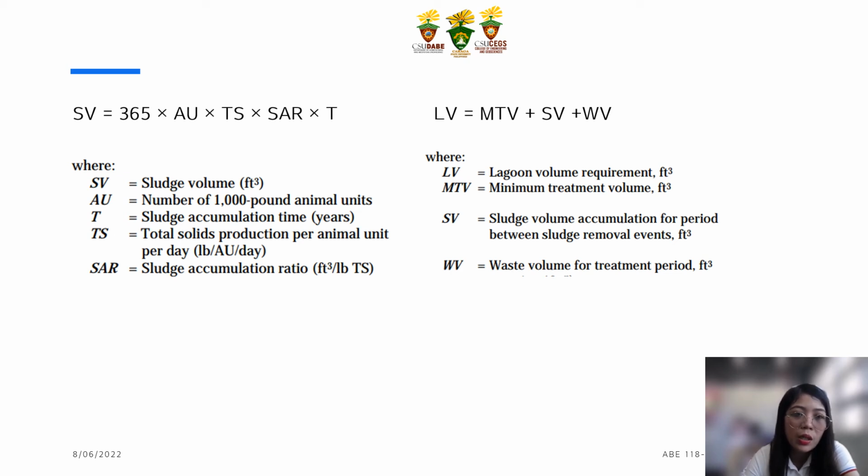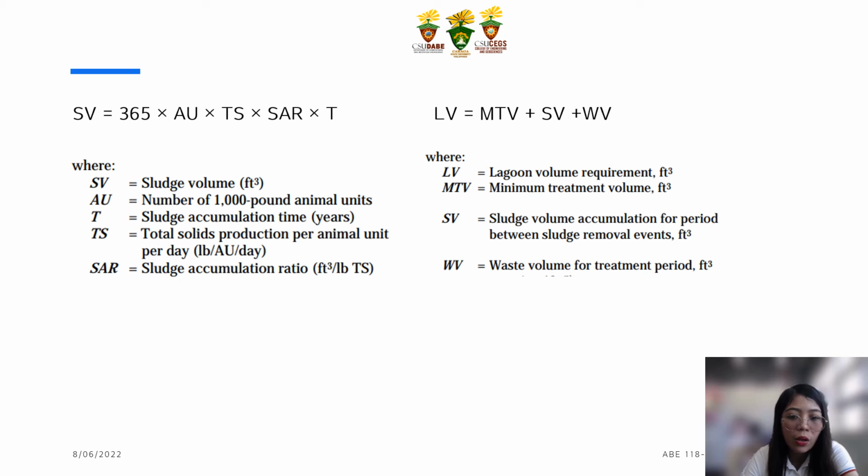Total solids can be obtained from the previous topics that we discussed, which is the TS. For the sludge accumulation ratio, or the SAR, if it is not available for beef, it can be assumed similar to dairy. So the lagoon volume requirements are for accommodation of the minimum treatment volume, the sludge volume, and the waste volume for the treatment period.